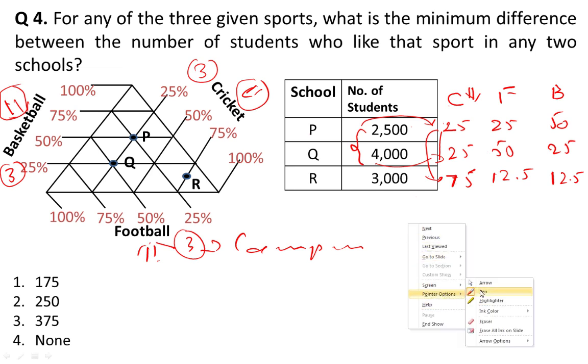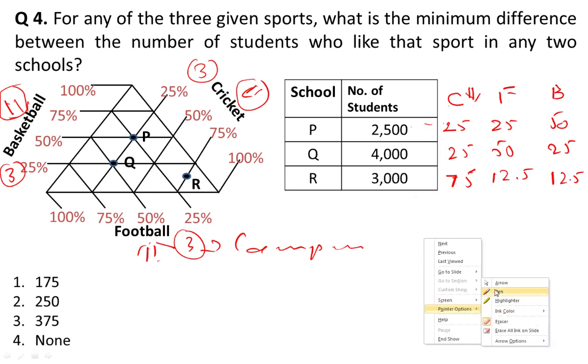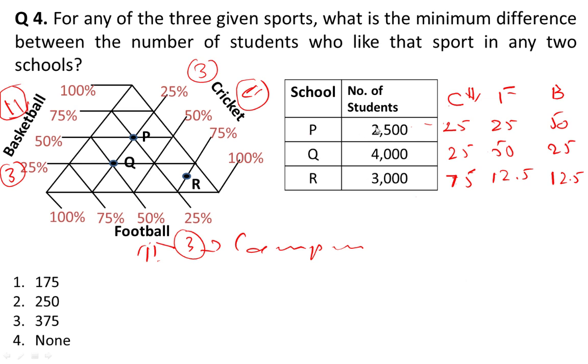Okay. So what is 25% of the difference? So the difference between these two is 1500. 25% is nothing but 1/4, and it comes 4, 3, 12, 4, 7 and 5.